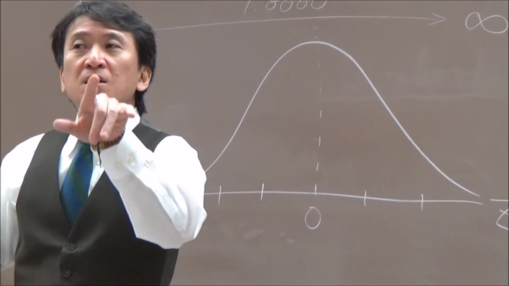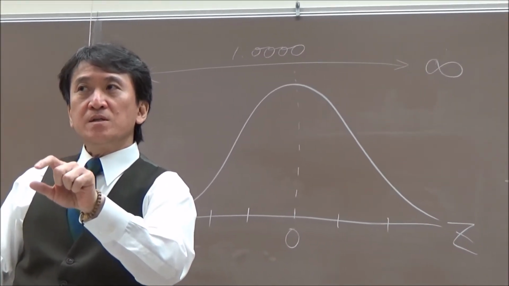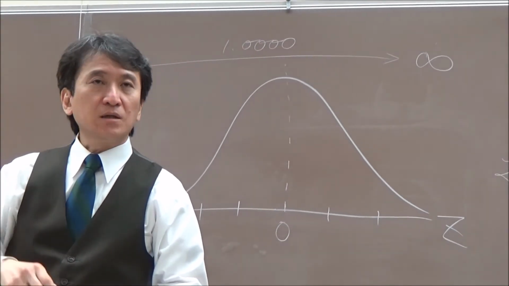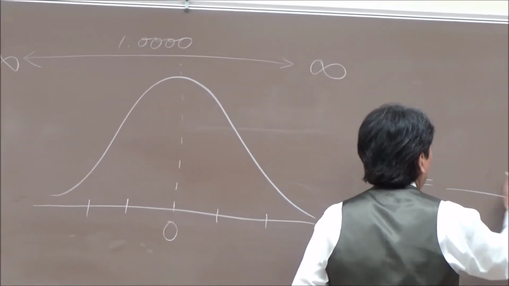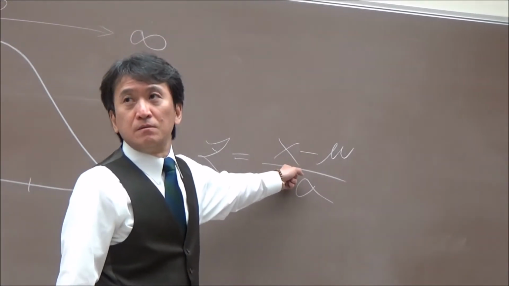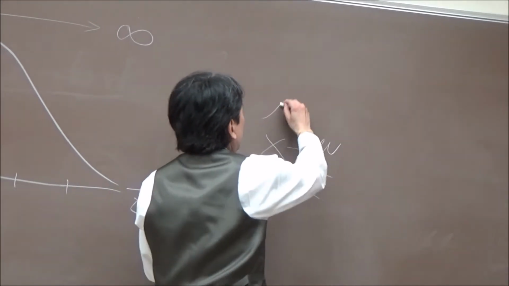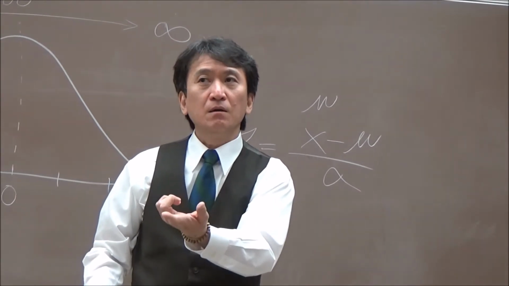Remember, the mean of the Z distribution, the mean of Z scores, is always zero, exactly. Why is that? If X is the mean, then mu minus mu equals zero, right?